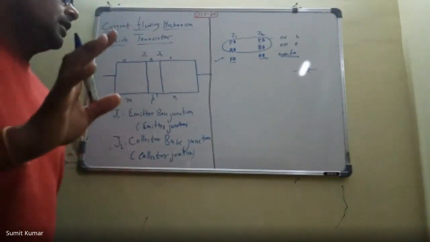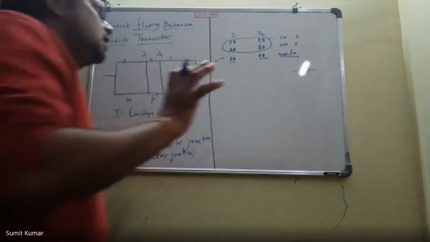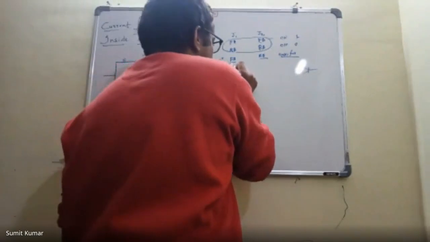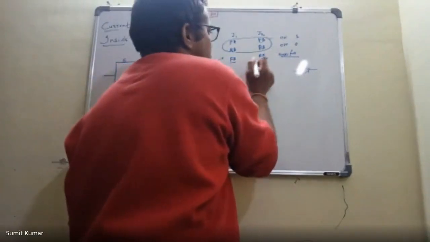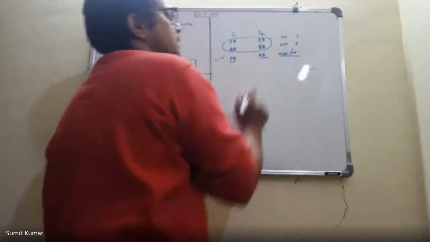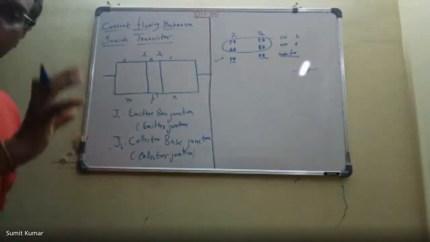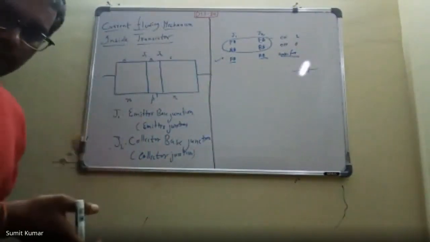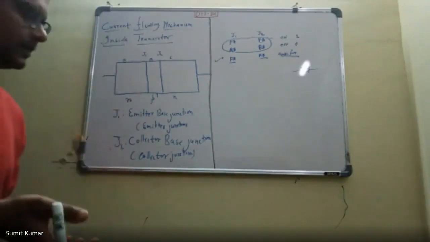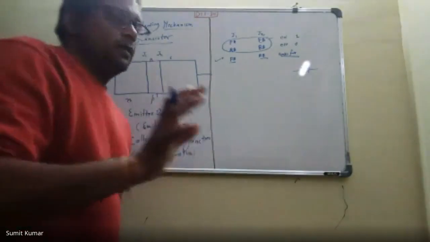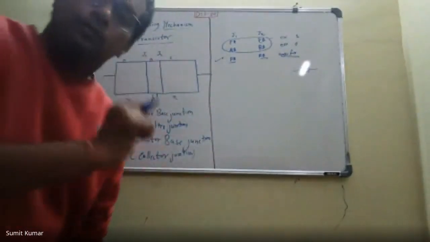Right now all you need to understand is that for our purposes, we will put this junction as forward bias and junction J2 as reverse bias. And we know how to provide forward biasing to a PN junction and how to provide reverse biasing to a PN junction. We are familiar with this, because we have already studied those things in unit 1.